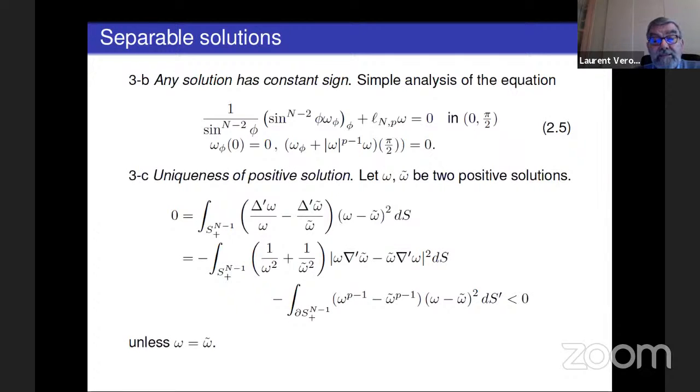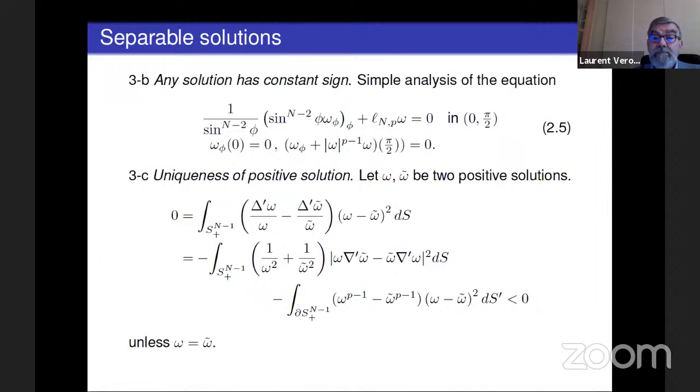How do we do that? Okay, I suppose that I have two solutions, I make the difference. I have the first equation, I divide by omega. A second equation with the other solution, omega tilde, I divide by omega tilde, I make the difference, I multiply by omega minus omega tilde squared. So what I get, it's very important that the first term is a negative contribution.